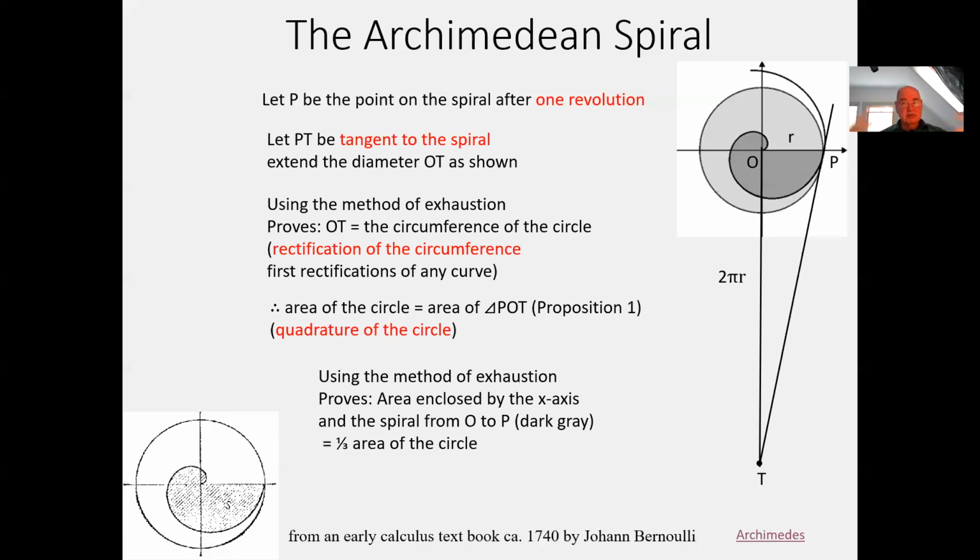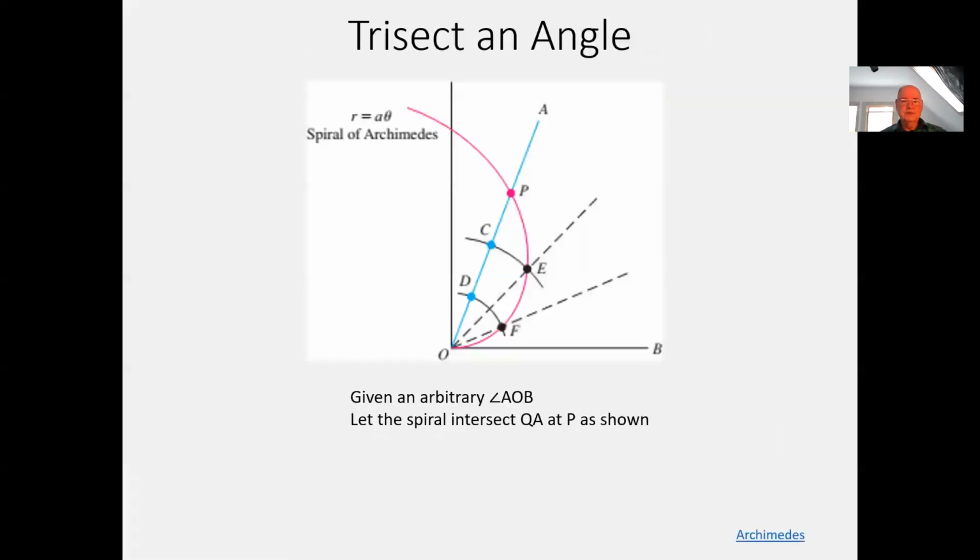You could imagine these kinds of things that Archimedes was able to prove were proved all over again once the calculus was developed. And you'll see all this kind of stuff in that 1,000-page Calc 1, 2, 3 textbook that you get.